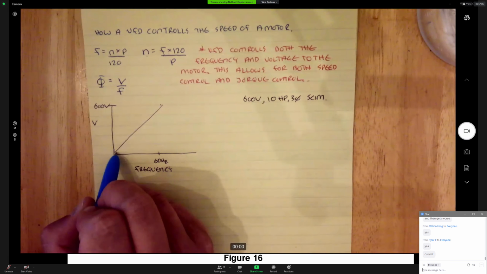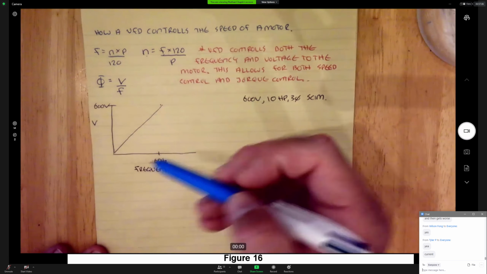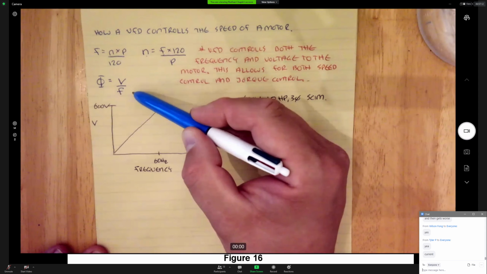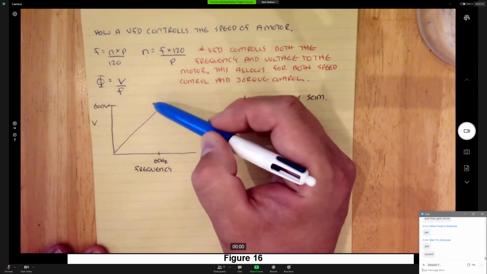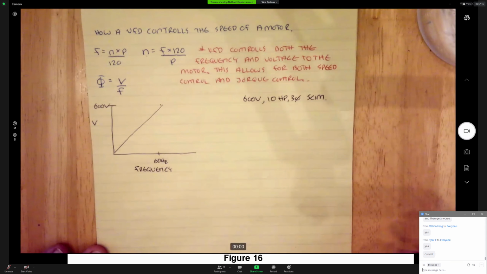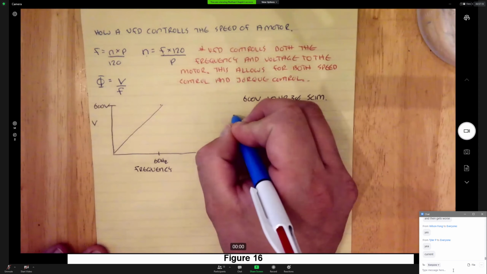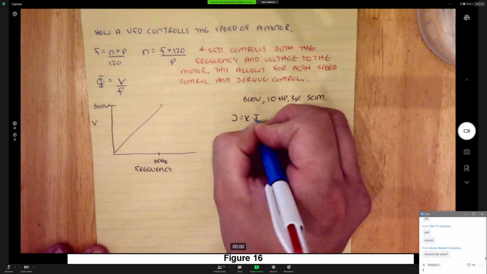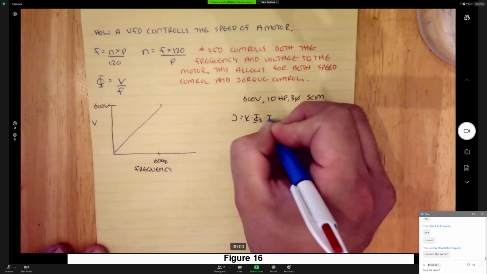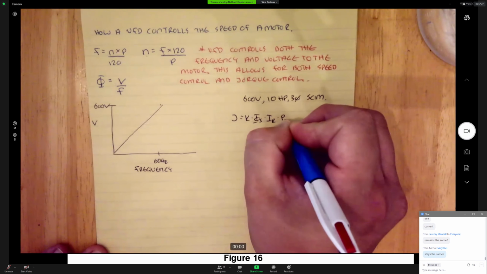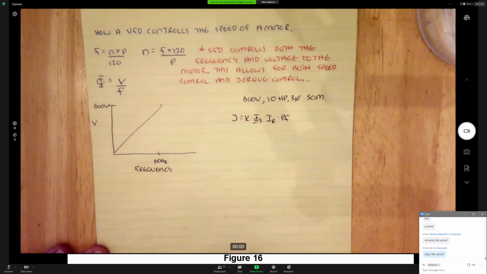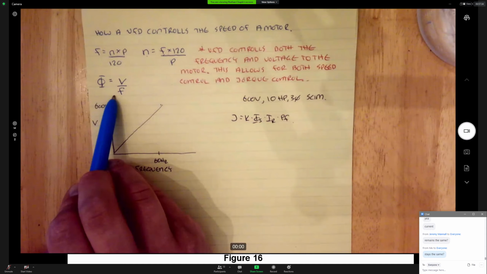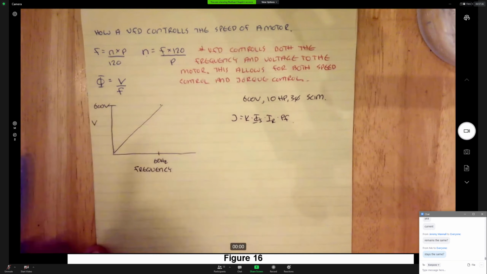Well, if I increase voltage and frequency at the same rate, could anyone tell me about the stator flux that's taking place? Yeah, exactly. If we increase voltage and frequency at the same rate, flux stays the same.